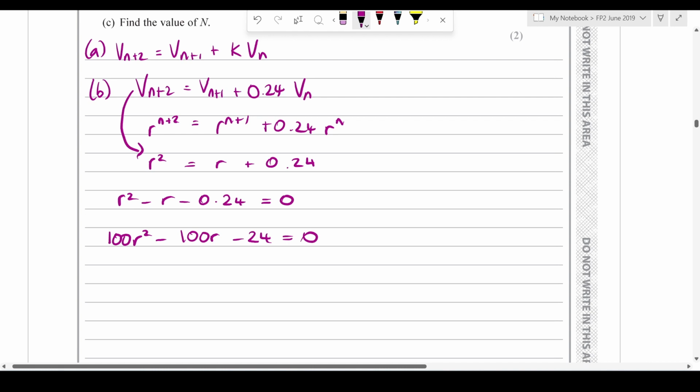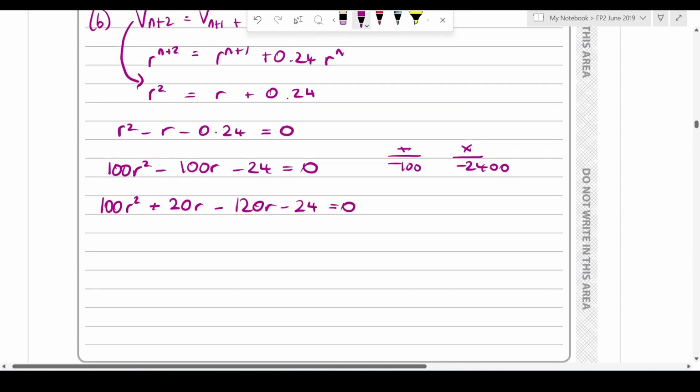We need two numbers that add to give us minus 100 and multiply to give us minus 2400. 12 and 2 work, so minus 120 and plus 20 would work. So I've got 100r squared plus 20r minus 120r minus 24 equals 0.